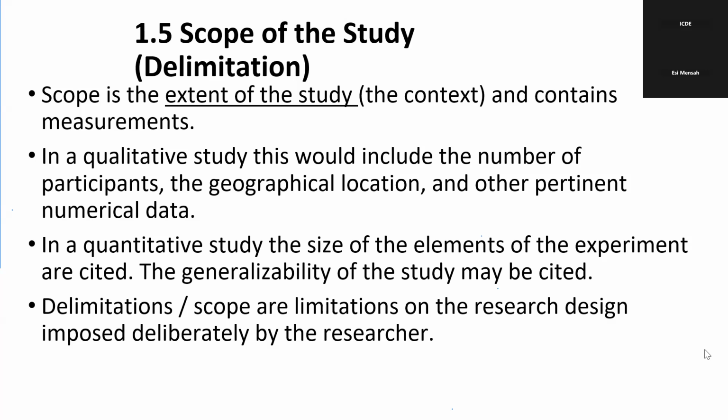You can decide that you are looking at EV cars within a specific budget range, because that is the budget range that most Ghanaians might fall into. So even though you mention EV cars, you're not talking about the very high-end ones that are luxury. You're looking at the ones maybe between $1,000 and $4,000 that the ordinary working Ghanaian can afford.